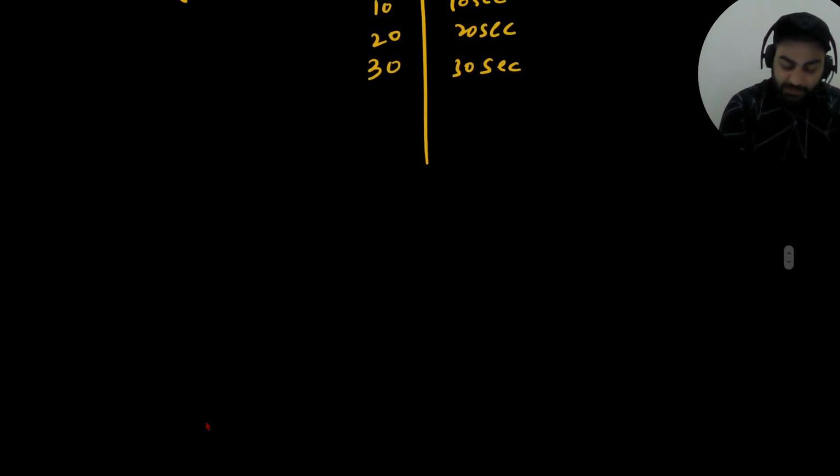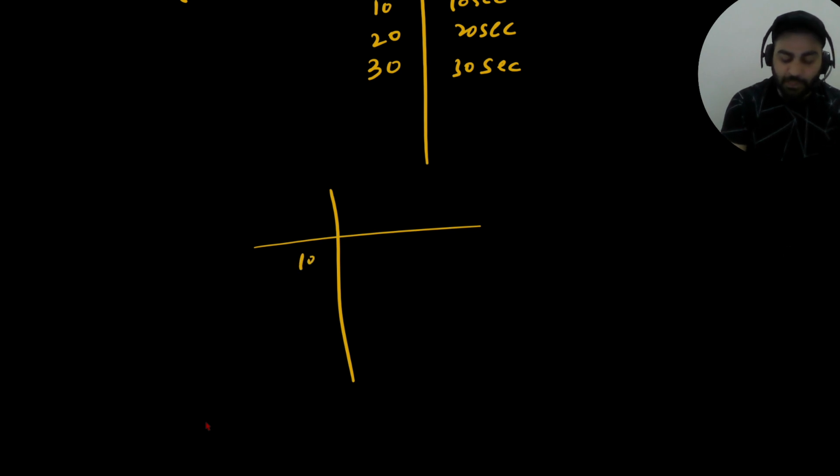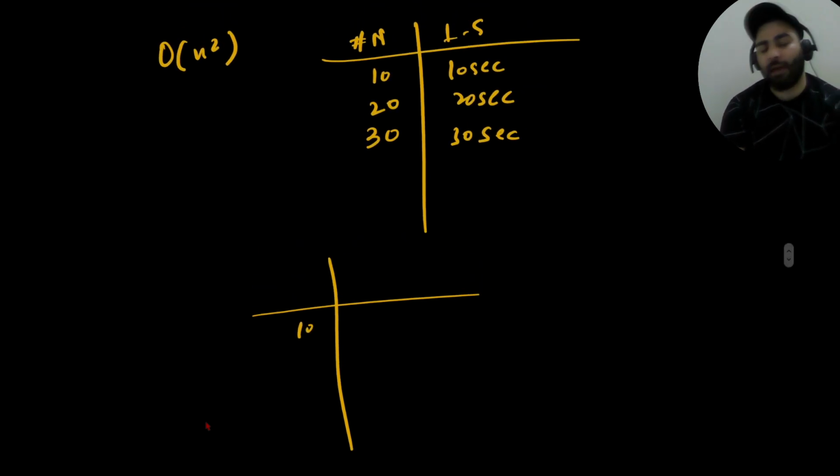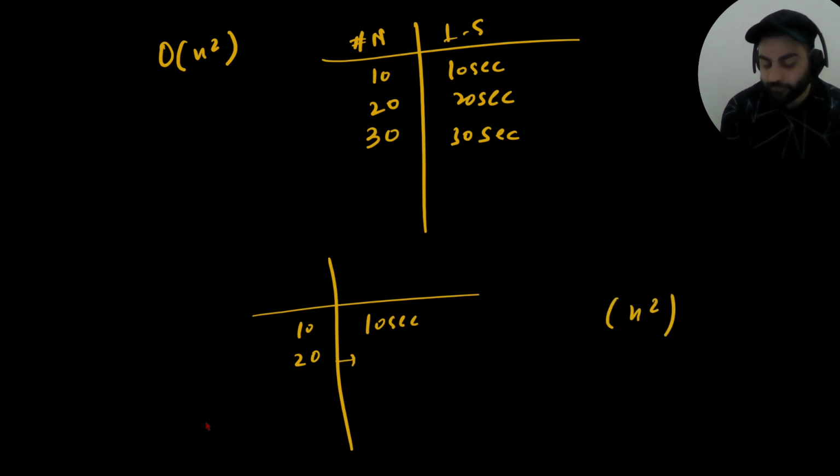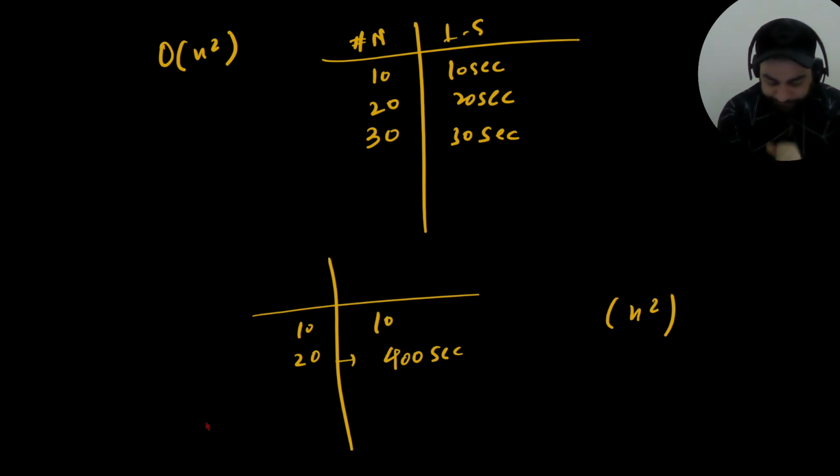But what if things happen like this? Let's suppose on an input of 10, my algorithm takes 100 seconds.